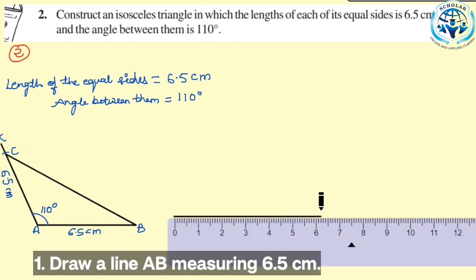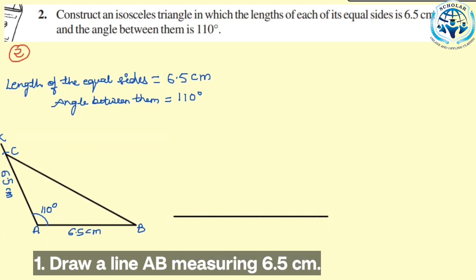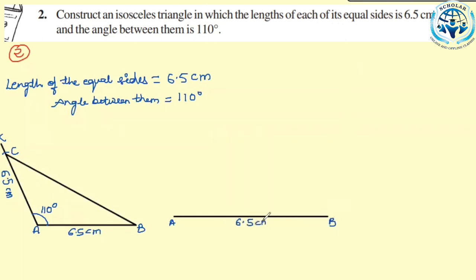Now we will draw the real figure. First of all, we will draw 6.5 centimeter line AB. Using the protractor, we will draw an angle of 110 degree.